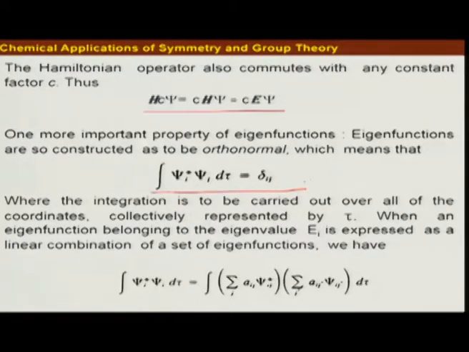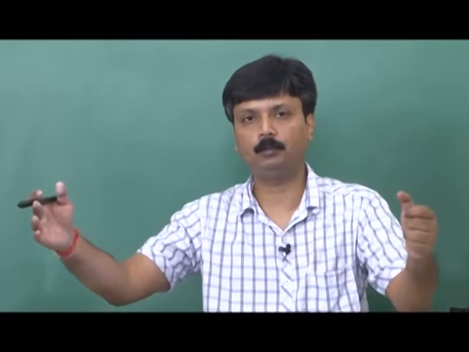So that is shown here, and when an eigenfunction having a particular eigenvalue, say Ei, is expressed as a linear combination of a set of eigenfunctions, then we can write like this. What we mean here is that I can write the function as a linear combination of several eigenfunctions.